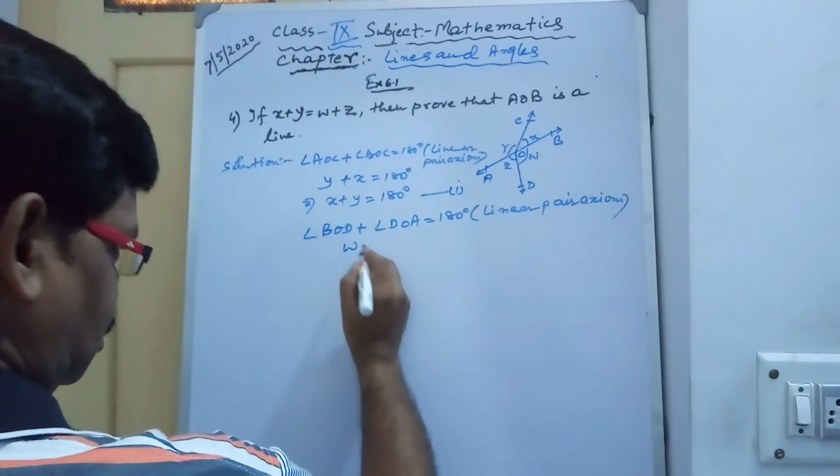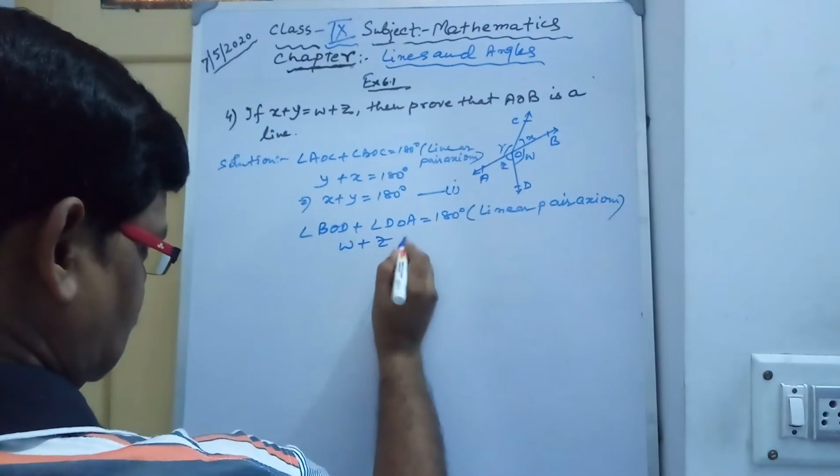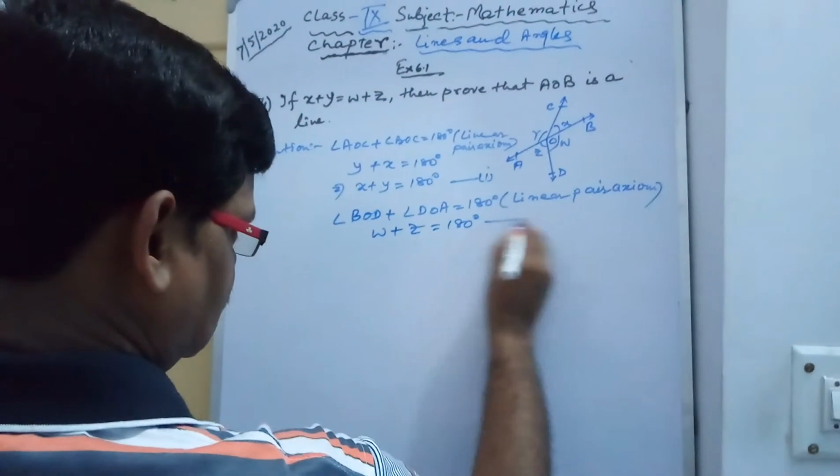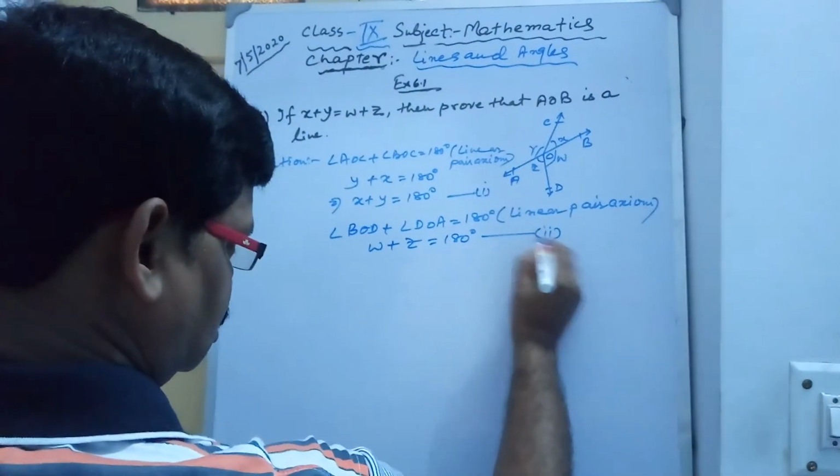So w plus z equal to 180 degrees. This is 2.